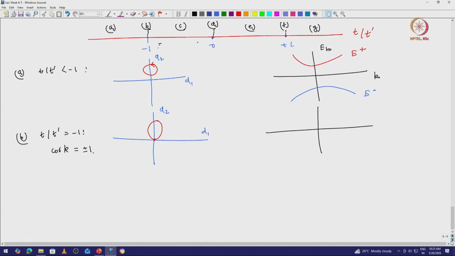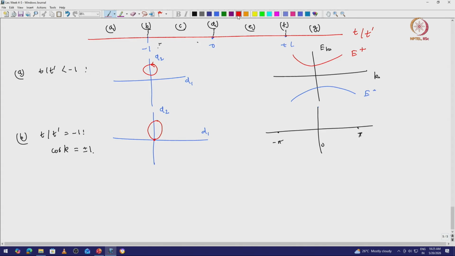So, that means D1 and D2 both are vanishing at these points, which are minus pi, 0 and pi.